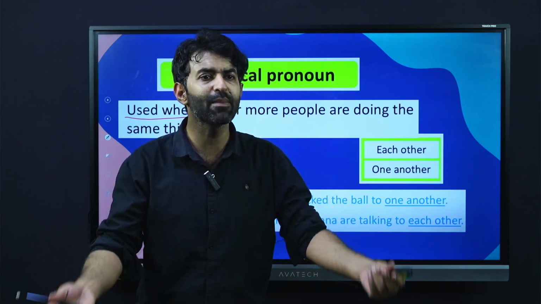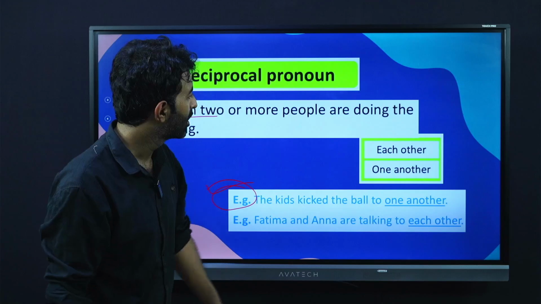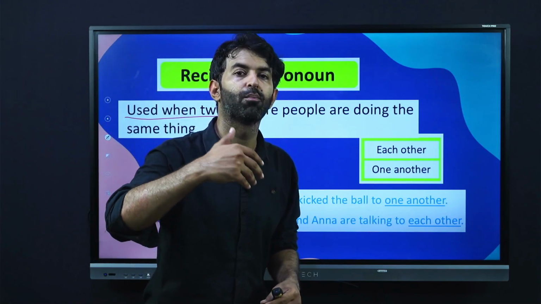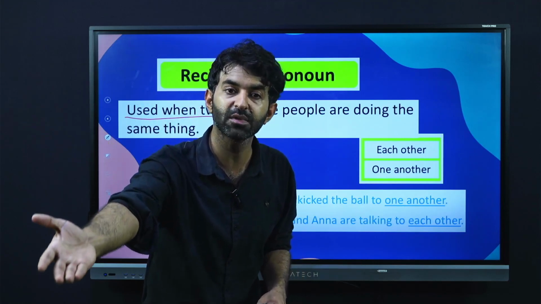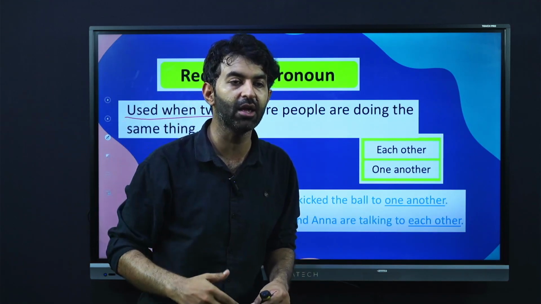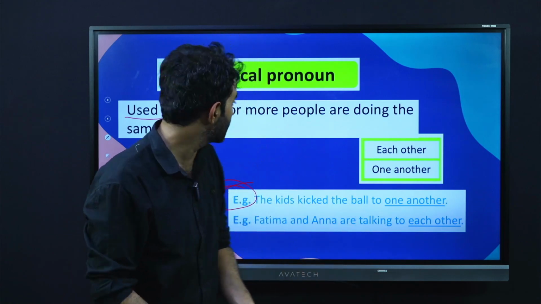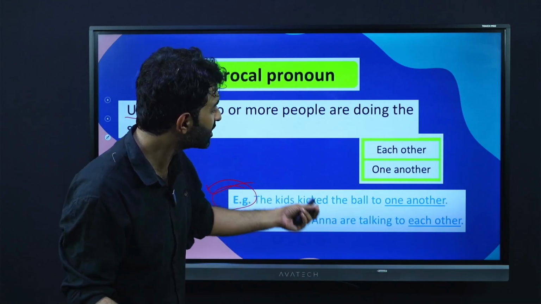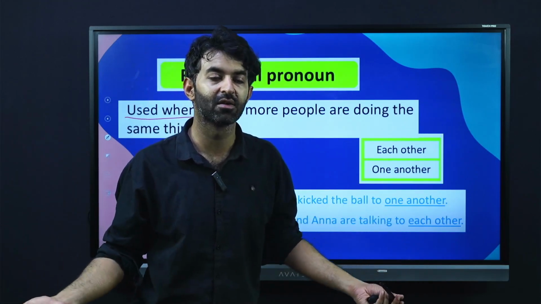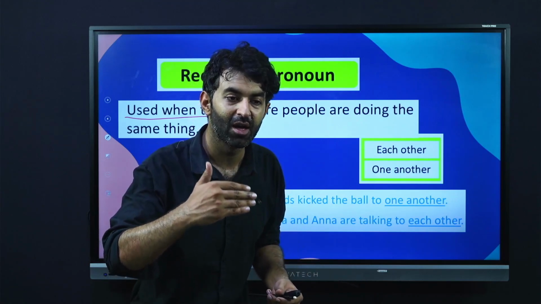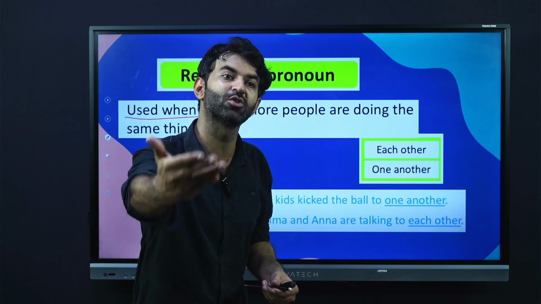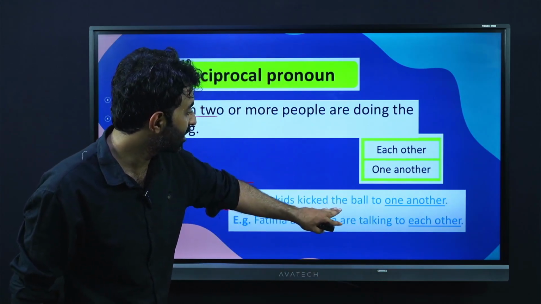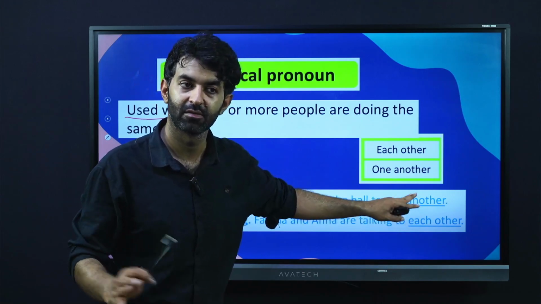So instead of saying Ali passed the ball to Hamza and Hamza passed the ball to Ali, we could just say the kids kicked the ball to one another. We don't have to say he did that and then he also did that. We can say they did it to one another.